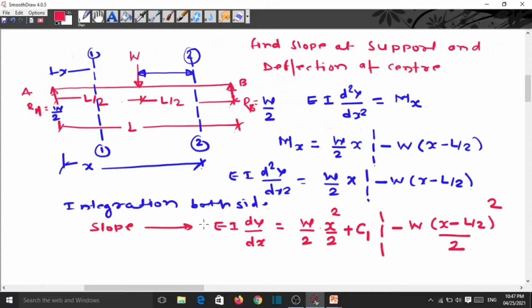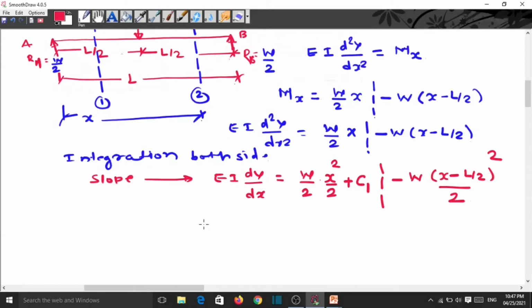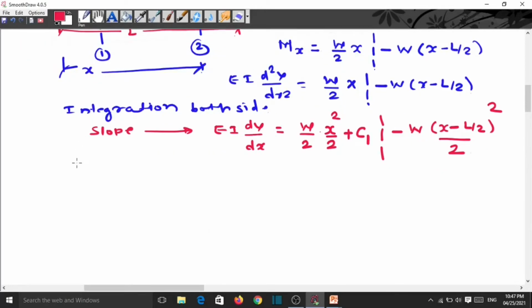Then again integrate this equation on both sides.